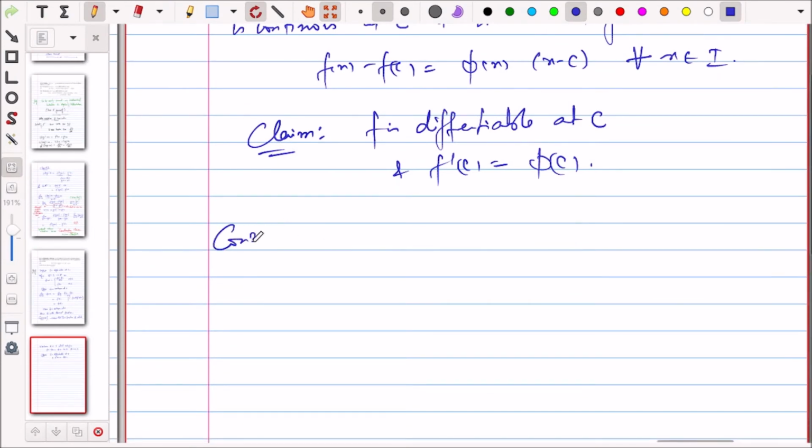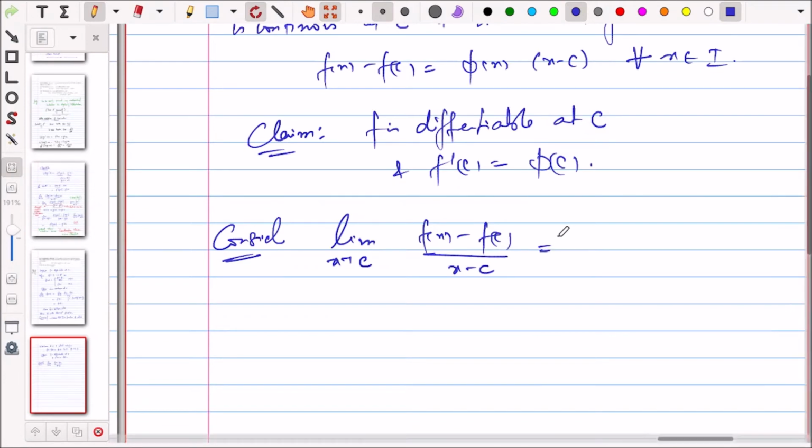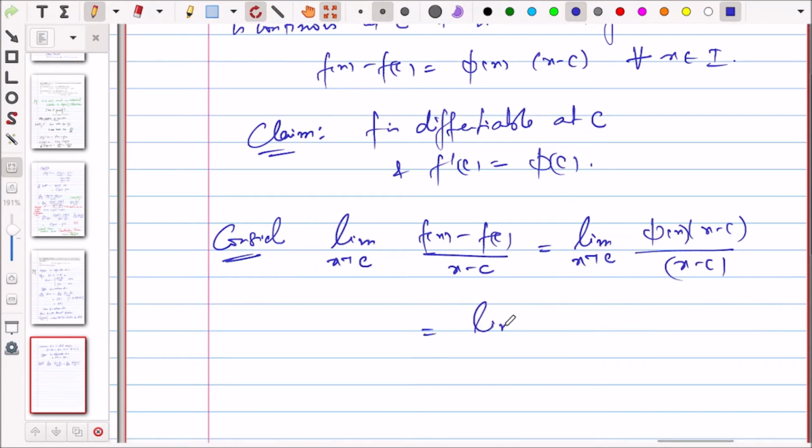We will have to start with the limit x tends to c of (f(x) minus f(c)) upon (x minus c). So using this property, it is phi x times (x minus c) upon (x minus c). So this is the limit x tends to c of phi x.